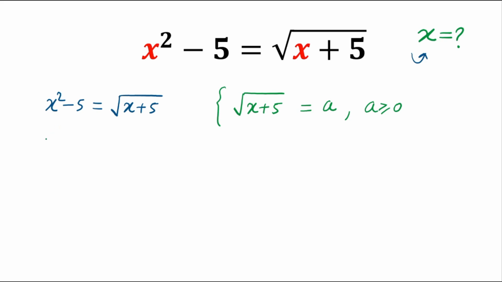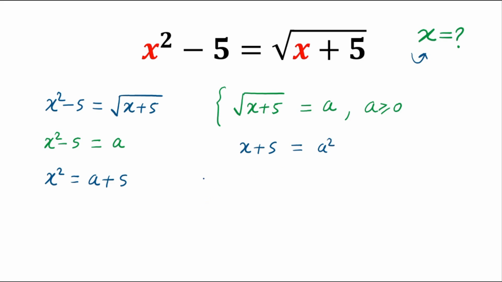Now this expression will become x square minus 5 equals square root of x plus 5, which is a. Then here the value of x square is equal to a plus 5. Now look carefully here. If we square both sides, then x plus 5 is equal to a square.